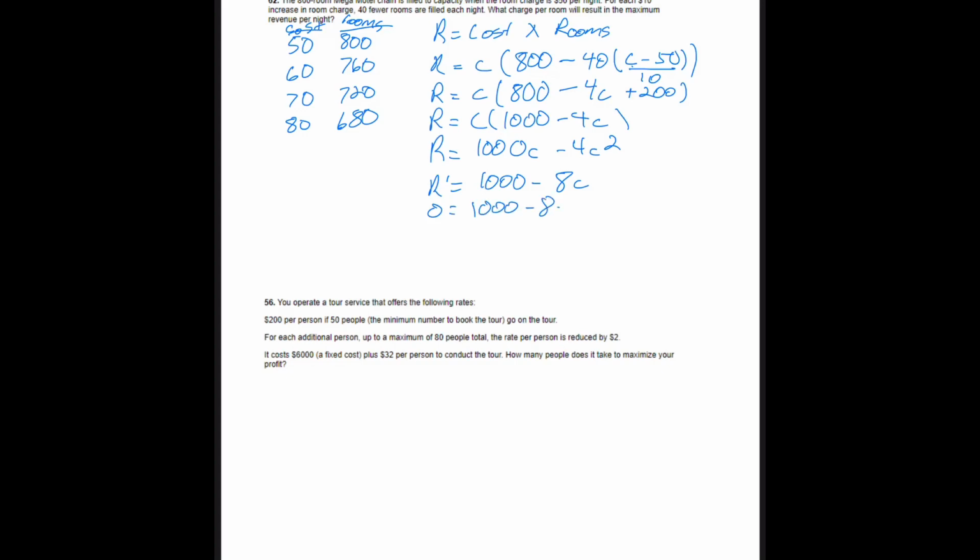And now this is one we should be able to do by hand. That's a thing we can find the derivative pretty easily. So we take the derivative of that, and we get 1,000 minus 8c, set it equal to 0, and solve. We get 8c equals 1,000. c equals 1,000 divided by 8, which is 125.